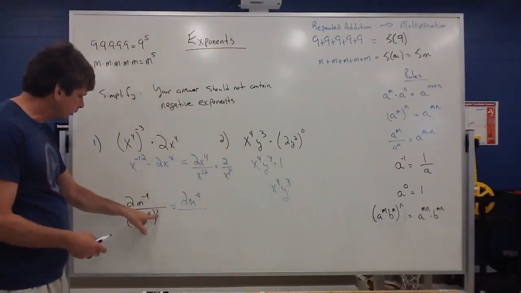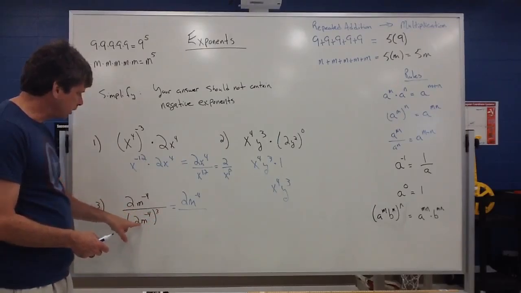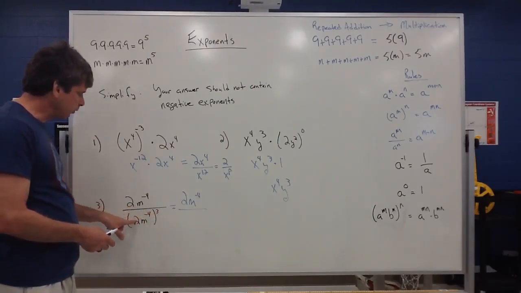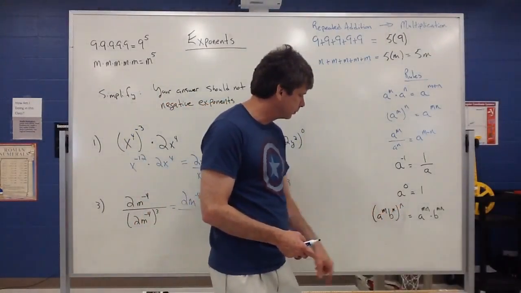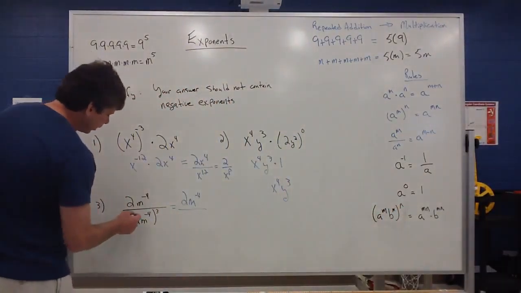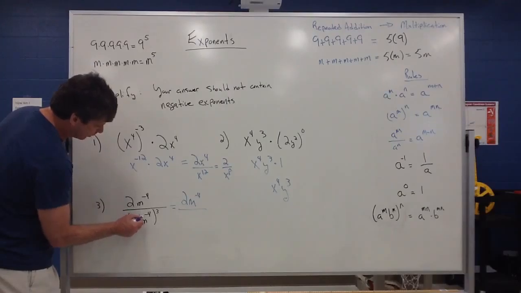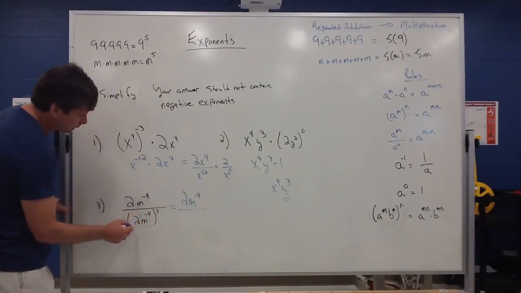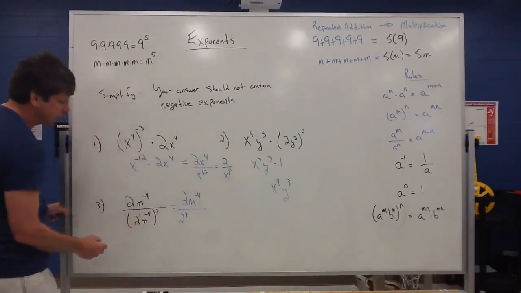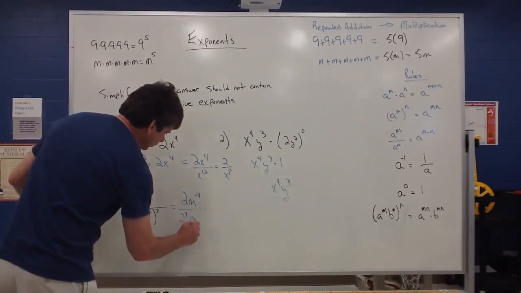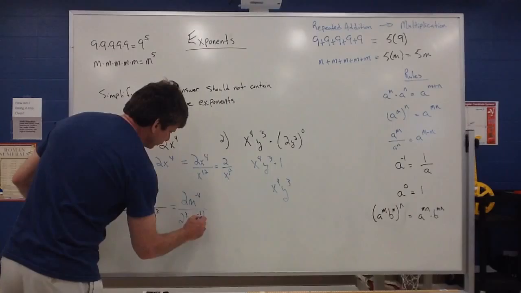And I know that since you have a power on the outside and there's two things on the inside, this power goes to both pieces. So it's kind of like this property. You multiply it to both of them. But remember, when there's a 2 there, it's understood to have an exponent of 1. So that 3 times 1 makes that then a 2 to the 3rd power. And then 3 times negative 4 would be m to the negative 12th.